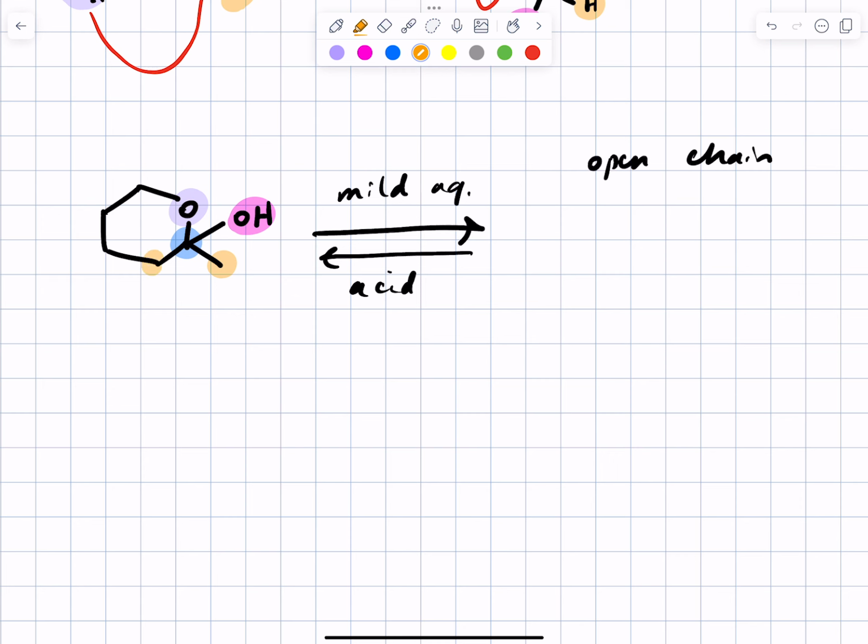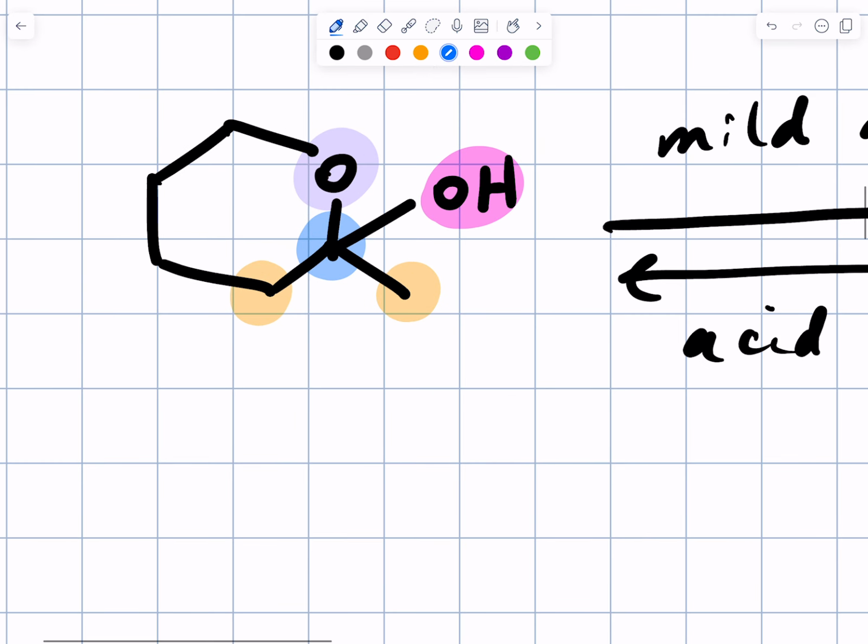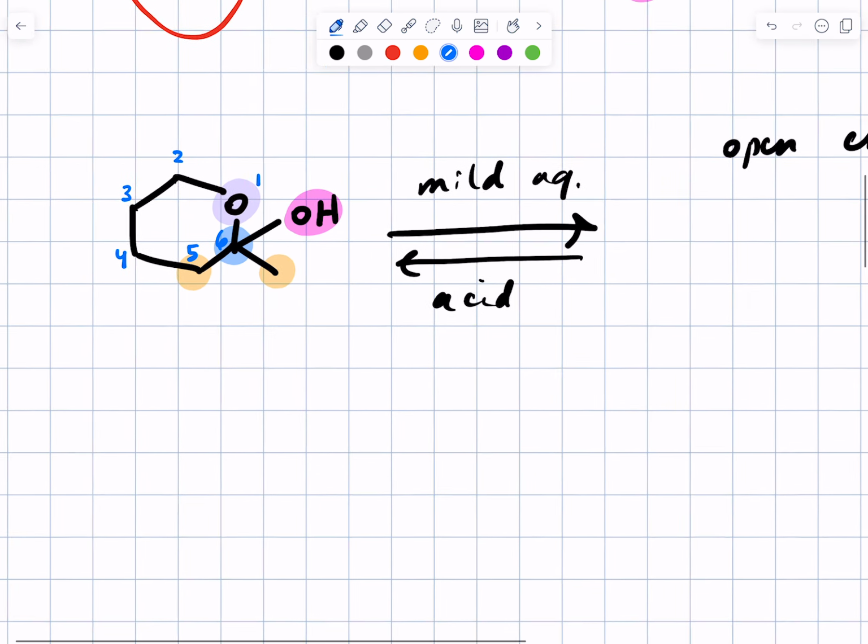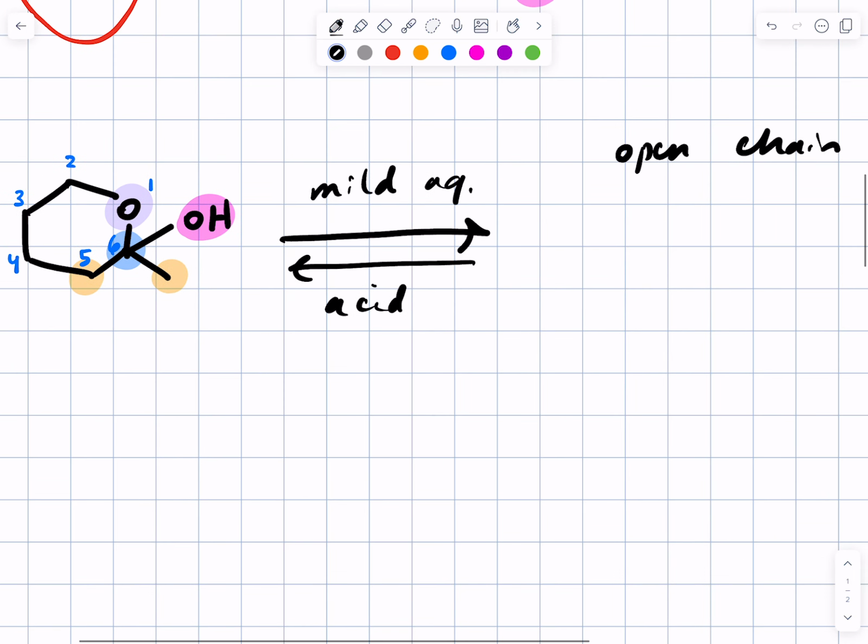Then I look at the two other things there, and if they're both carbons, then that used to be a ketone. Importantly, I'm going to start from the oxygen. 1, 2, 3, 4, 5, 6. The blue carbon is going to be my carbonyl carbon.